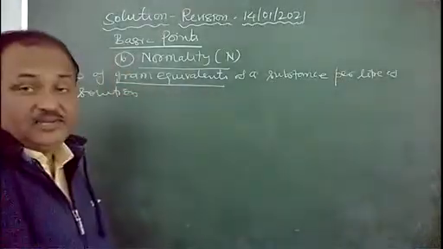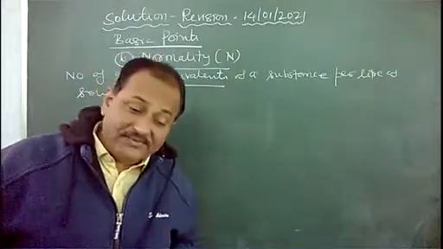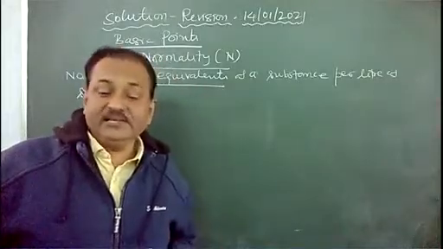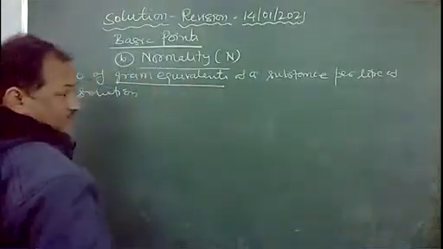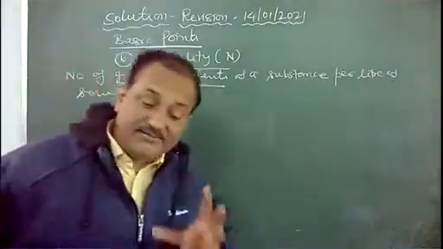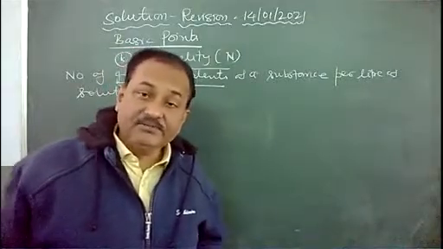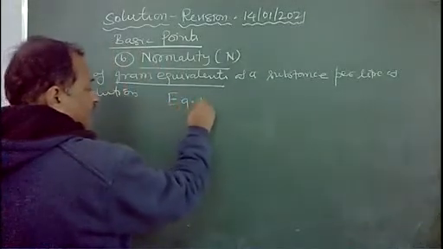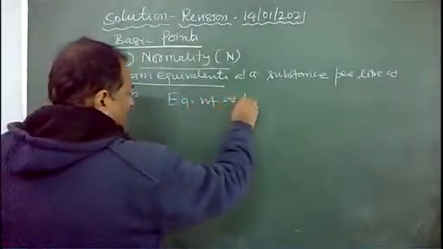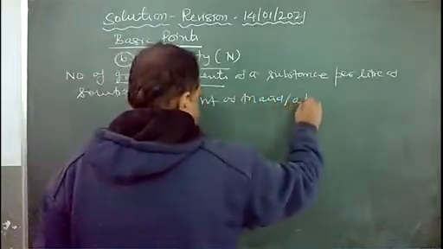So children, this is a very important point. So gram equivalent is very simple. When the equivalent weight is expressed in terms of grams. So equivalent weight is a very important part. So equivalent weight when expressed in terms of gram is called gram equivalent weight. So first we know how to find out the equivalent weight of an acid or a base.